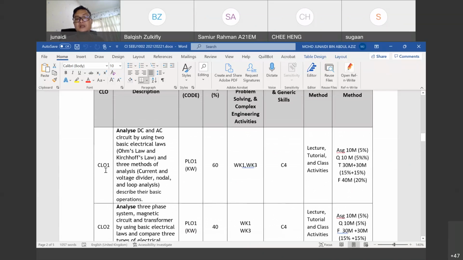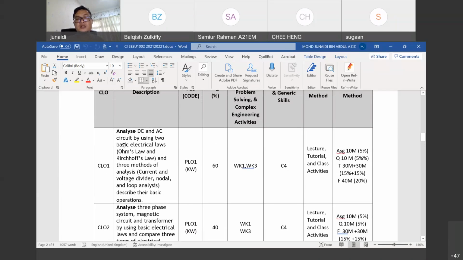The first learning outcome, CLO1, is about how to analyze a DC and AC circuit by using two basic electrical laws, which are Ohm's law and Kirchhoff's law, and three methods of analysis: current and voltage divider, and then nodal and loop analysis, to describe their basic operation.